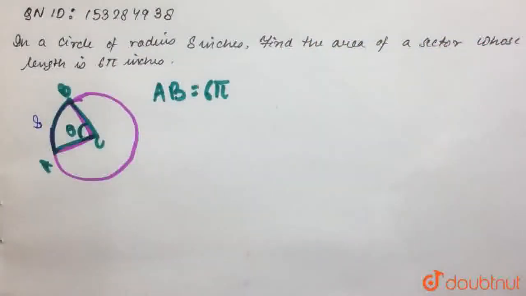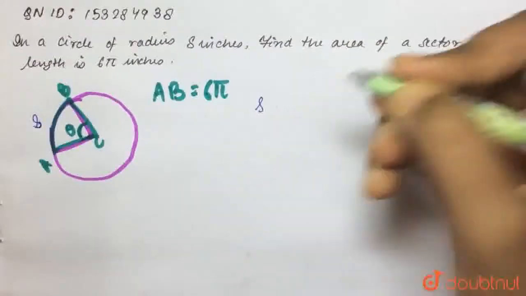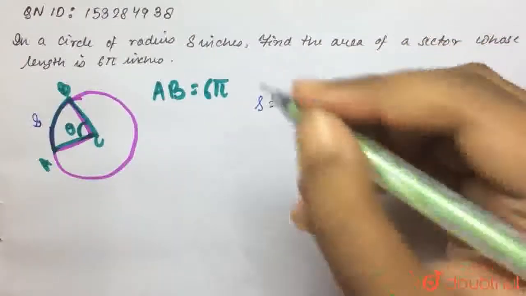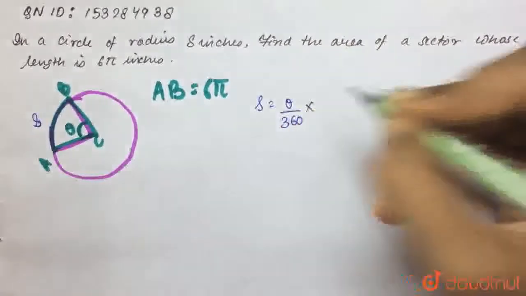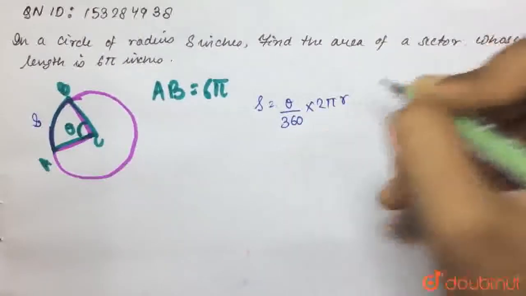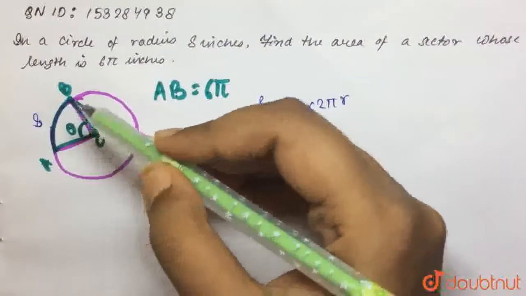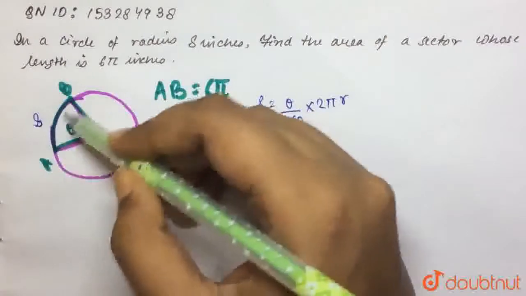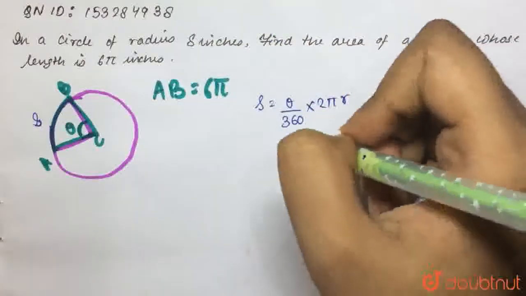That is the length of the sector. So S is equal to theta by 360 into 2 pi r. The perimeter of a circle is 2 pi r, and only this portion of the circle, that means this fraction of the circle, is theta by 360 parts.